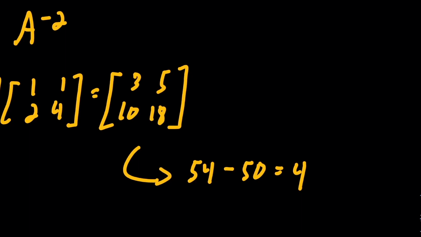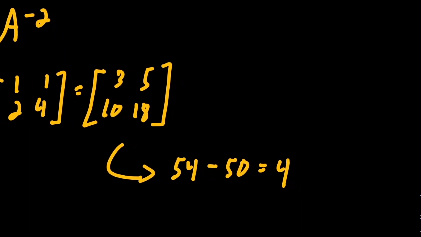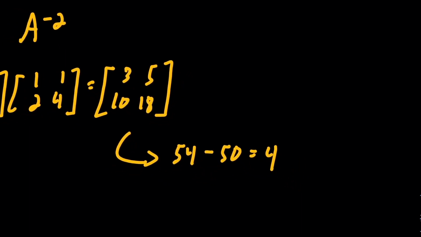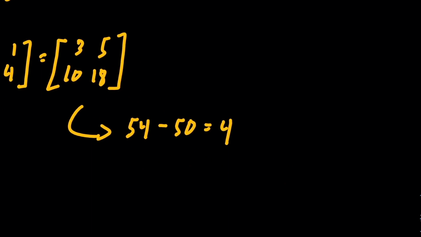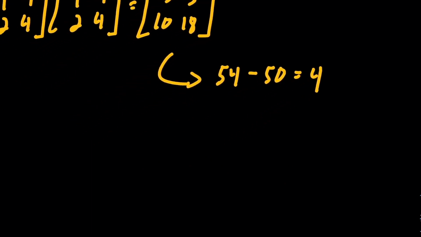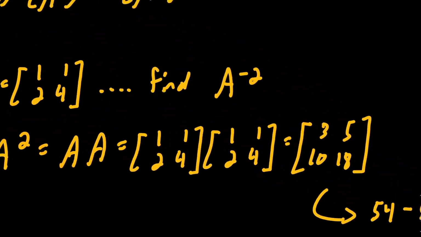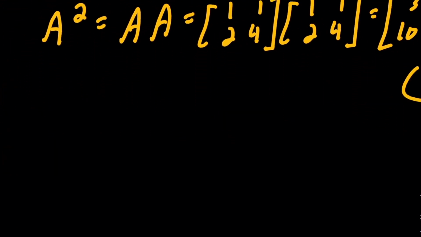No, it's not linearly independent. We'll get to that later. It's just any non-zero determinant will confirm that a given matrix has an inverse. So we have A squared. Let's take the inverse of that.